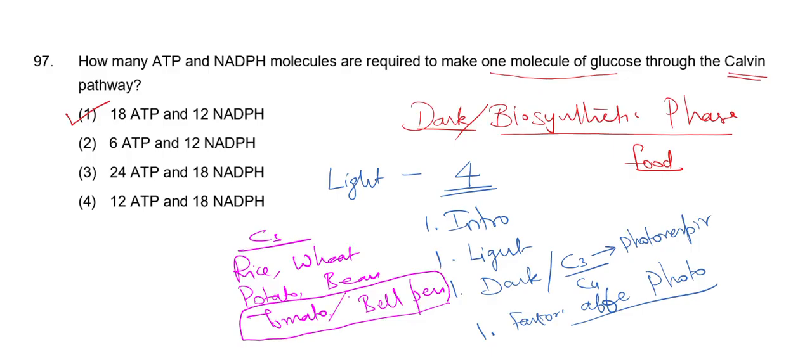Why am I saying this is a special example? Because these plants are grown in greenhouses, carbon dioxide enriched environment, so that the productivity has been increased to double. All are C3 plants only. Remember a special example: tomato, bell pepper, which are grown in carbon dioxide enriched environment.